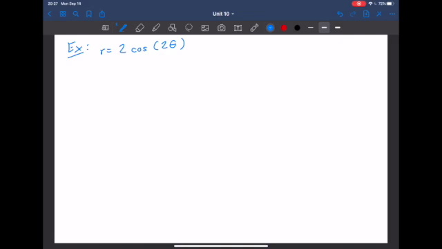So this is the first type where we notice the inside of the trig is not just theta. Okay, what is that going to do? I want you to recall from pre-calc, the 2 theta changes the period.